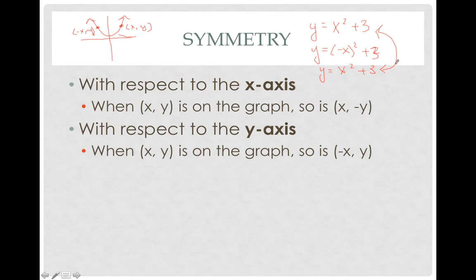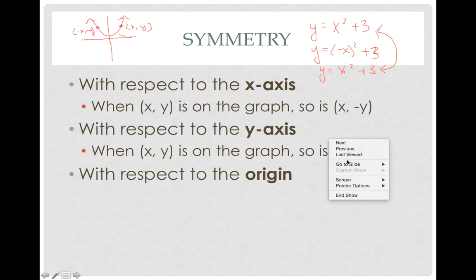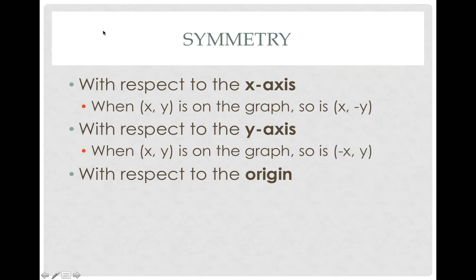And lastly, there's one more type of symmetry. The x and the y axes, the symmetry about those two, they are line symmetry, which means you can fold it across that line and it'll be the same. Whereas we have a third one, which is with respect to the origin, which is not line symmetry, but rotational symmetry.